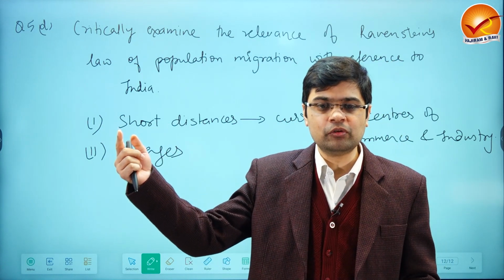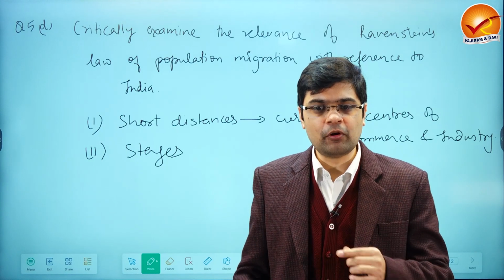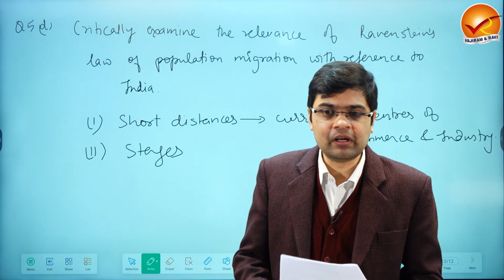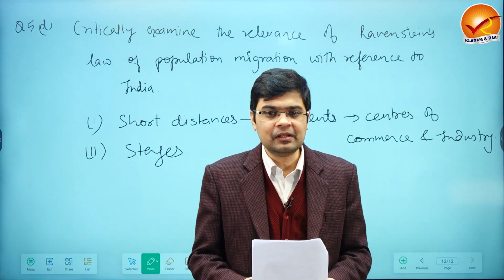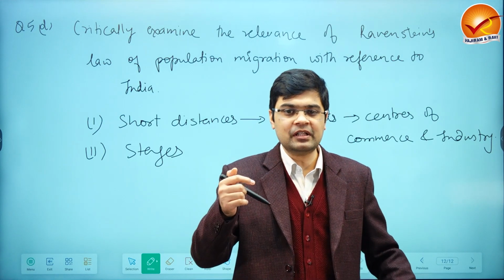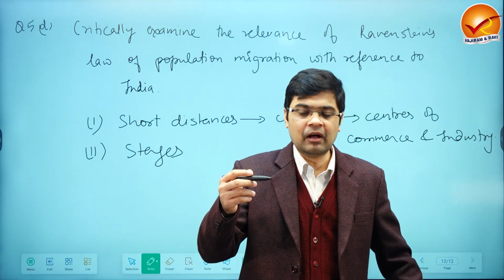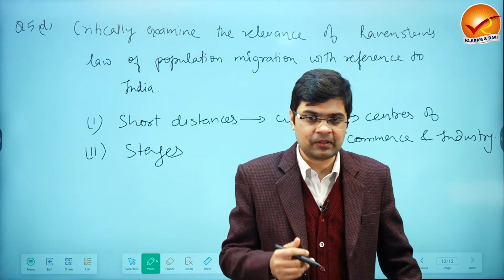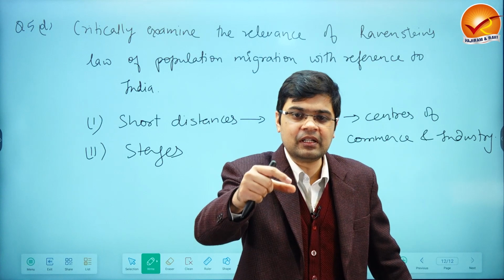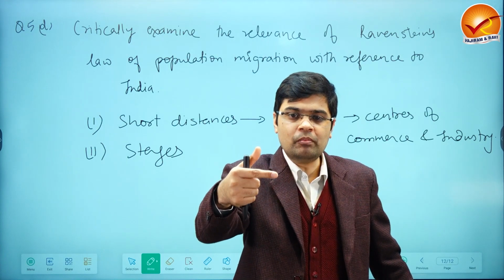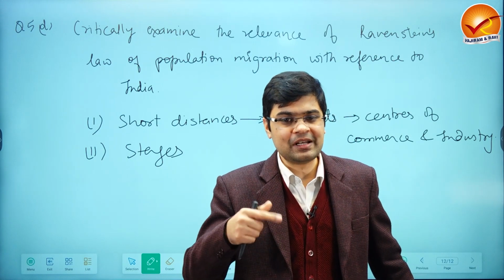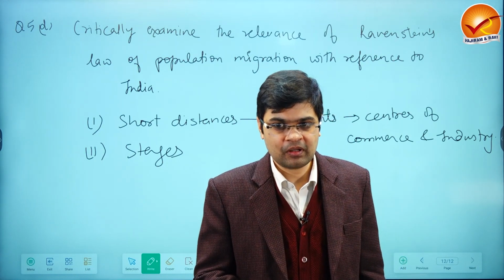I will migrate to Lucknow and a person from Lucknow will migrate to Delhi. Or let's say I am a person in a village in Karnataka. I'm going to migrate to a town, let's say Belgaum, and a person from a town migrates to, let's say, Bangalore. So migration happens in stages.